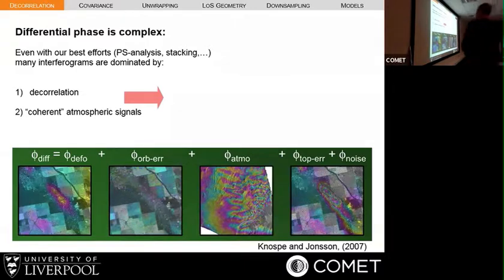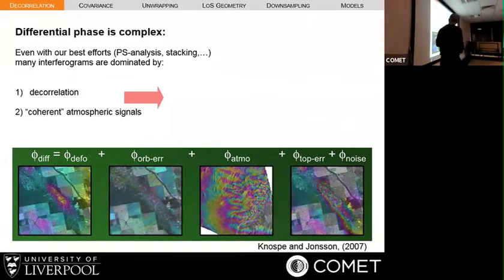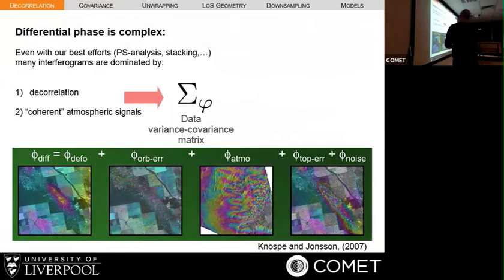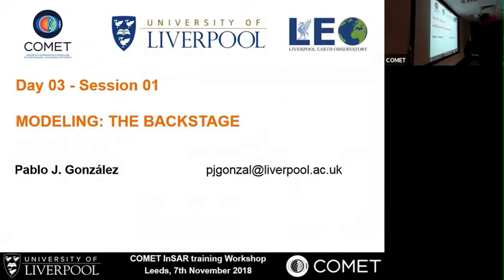So for our noise characterization, we have to take into account the decorrelation and the atmospheric signal. I make this separation because the way we can characterize the noise in the data is through stochastic modeling, something called the variance-covariance matrix, and you will understand soon why this is important.